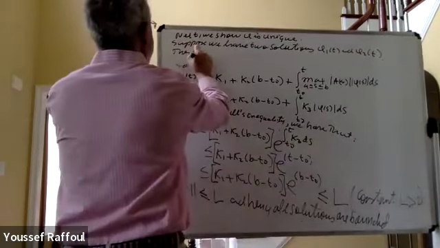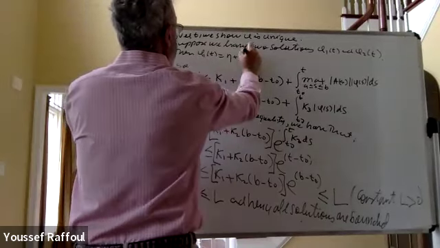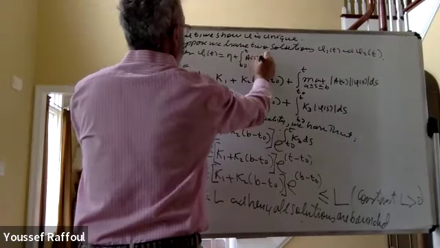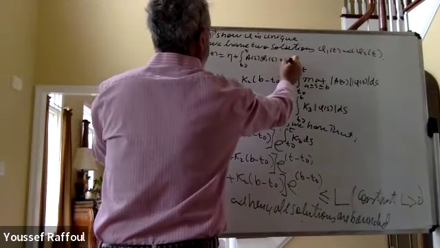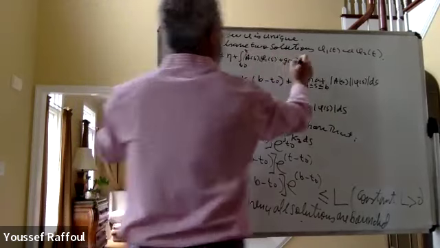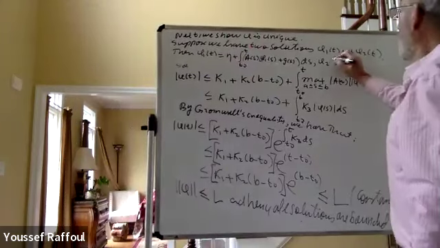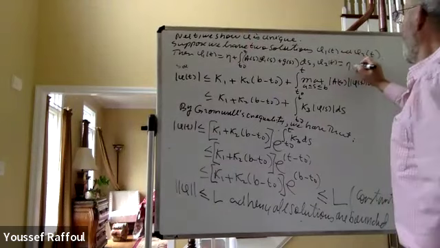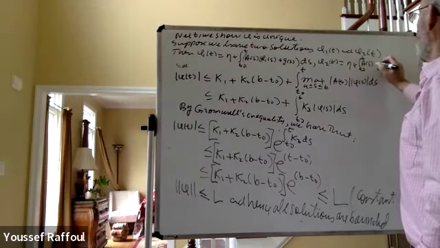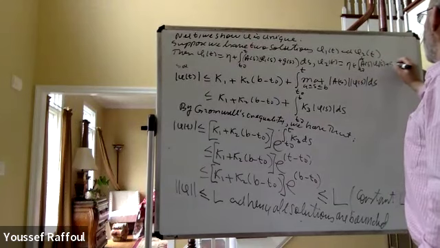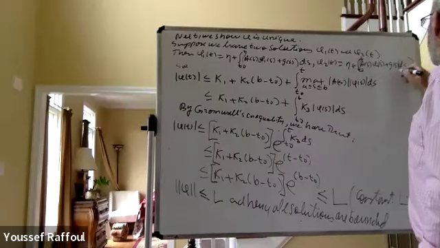Then phi 1 of t equals eta plus the integral from t naught to t of a(s) phi 1 of s plus g of s ds, and phi 2 of t equals eta plus the integral from t naught to t of a(s) phi 2 of s plus g of s ds.